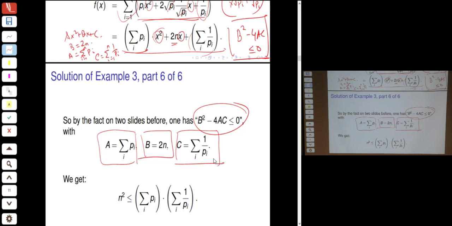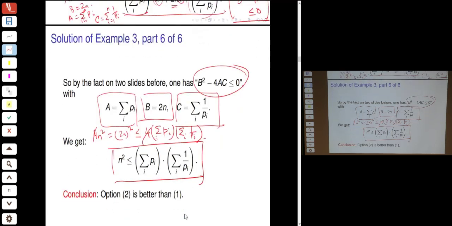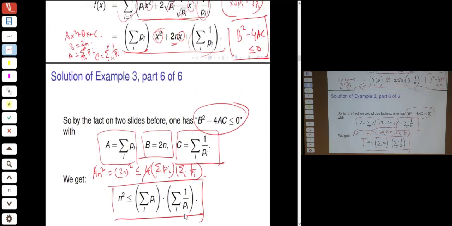So b square minus 4ac less than or equal to 0 means that 2n whole square is less than or equal to 4 times summation pi times summation 1 over pi. Okay? But 2n whole square is 4n square, so 4 cancels, so you get n square must be less than or equal to summation pi times summation 1 over pi. Okay?